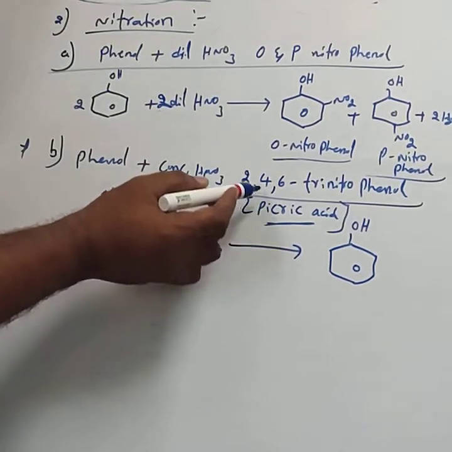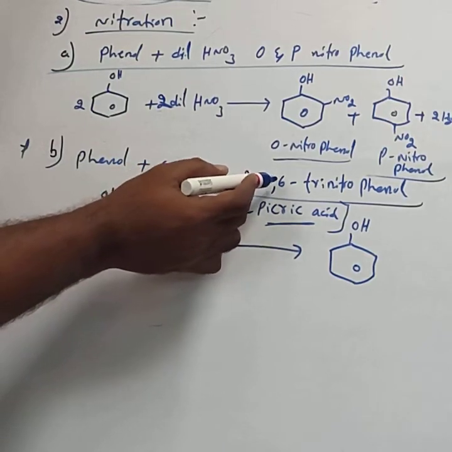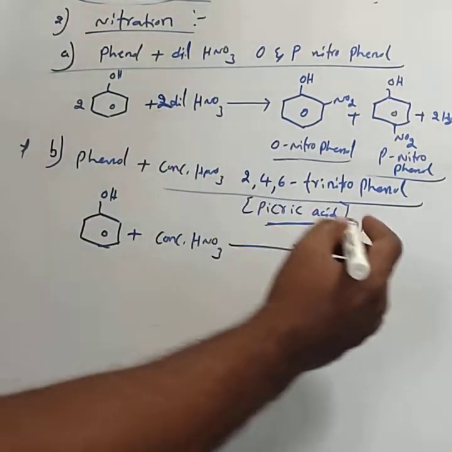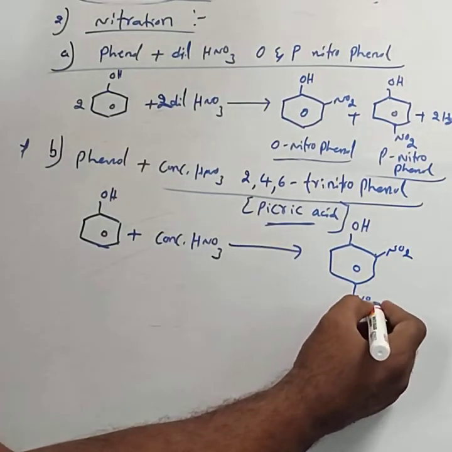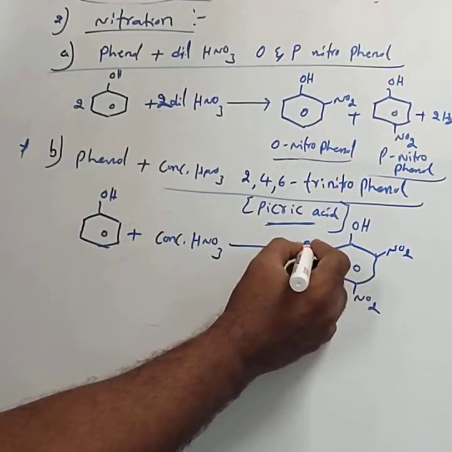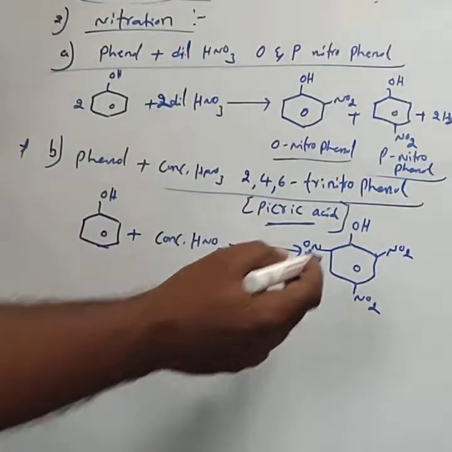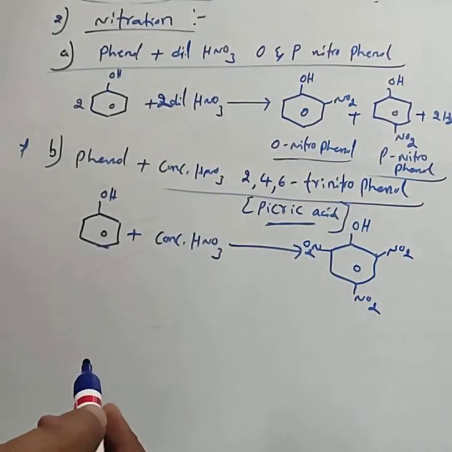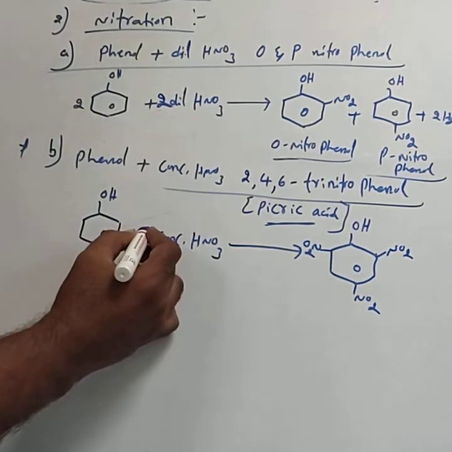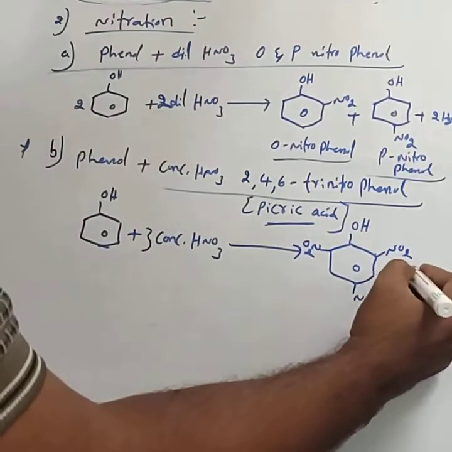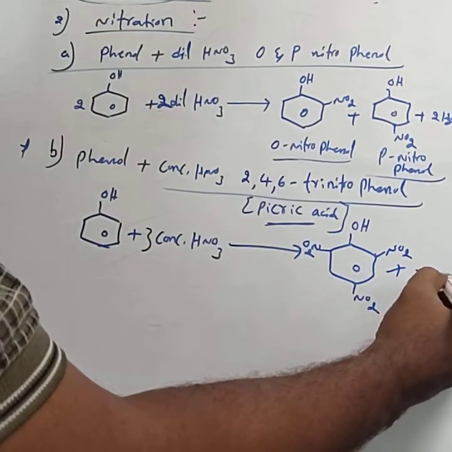Picric acid chemical name is 2,4,6 trinitrophenol. That is, on the 2nd position NO2, 4th position NO2, 6th position also NO2. This is 2,4,6 trinitrophenol, commonly called picric acid. 3 moles of nitric acid, liberating 3 H2O.